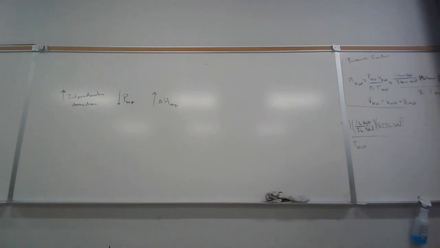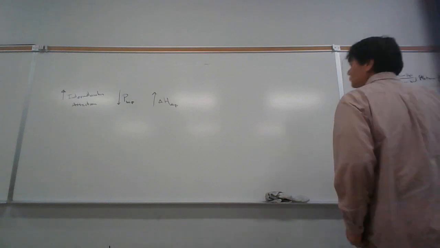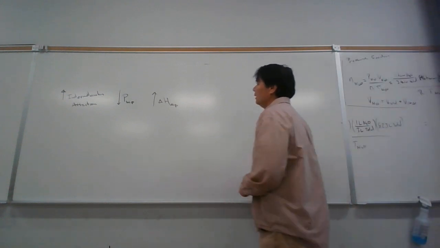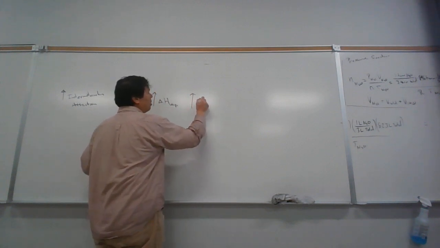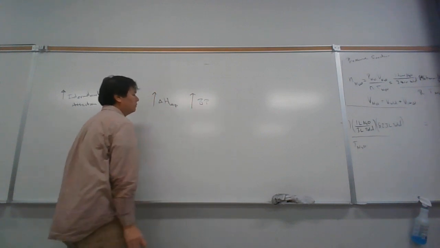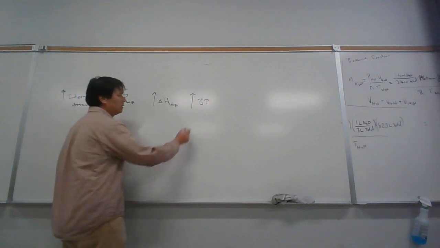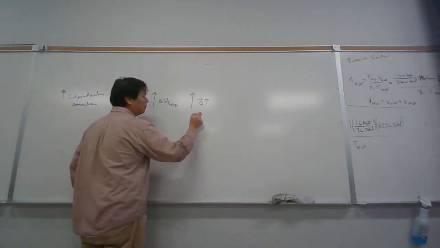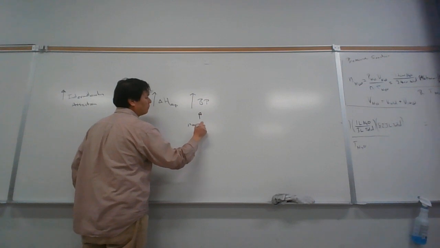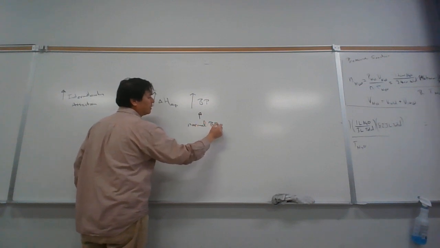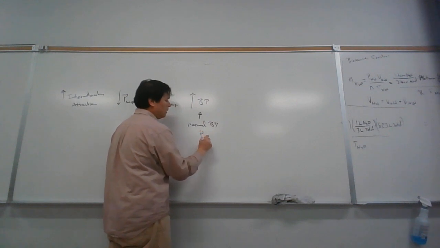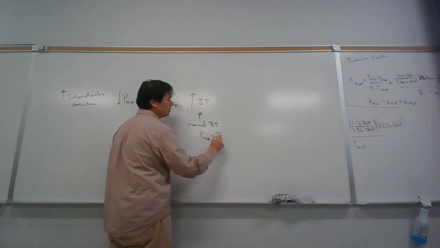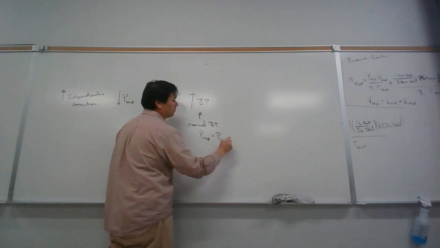We have boiling point here. The stronger the intermolecular attractions, the harder it is to boil, that is, we're going to have to increase this. We have something called the normal boiling point. The normal boiling point is when the vapor pressure equals the barometric pressure, or the atmospheric pressure.